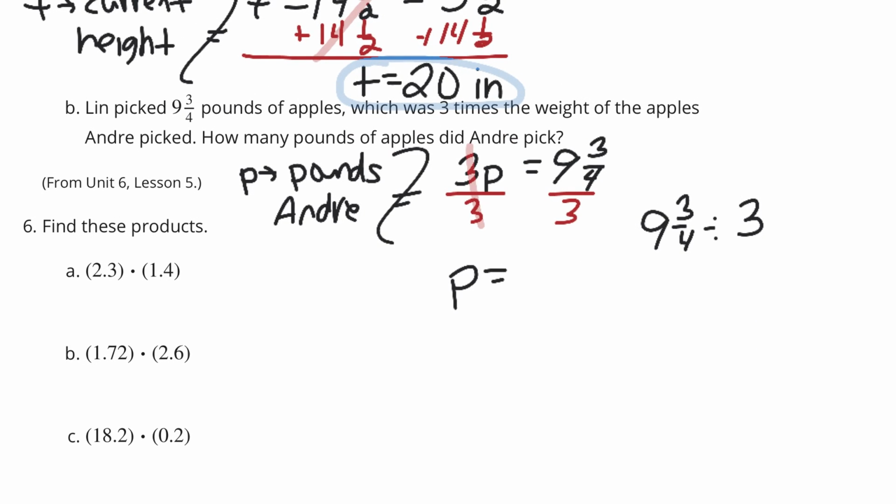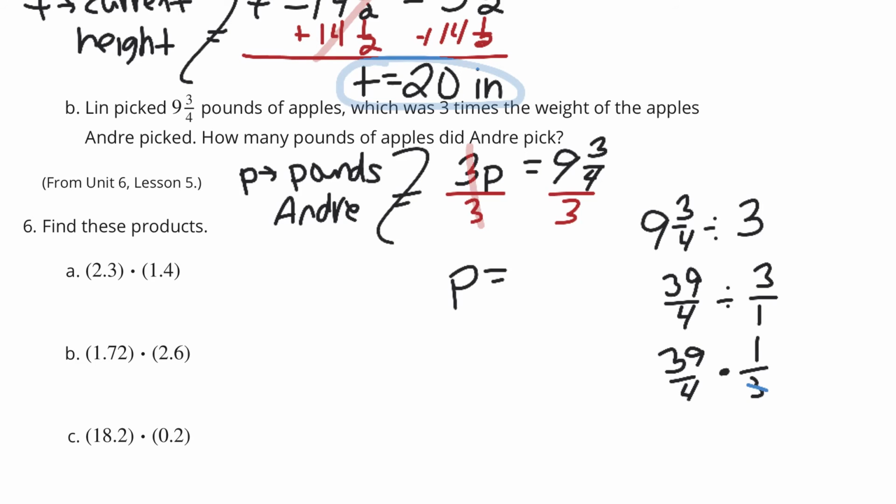And so we just take our time here. 9 times 4 is 36, plus 3 is 39/4, divided by our 3, which is the same thing as 3 over 1. Keep, and then multiply by the reciprocal, 1/3. And I know it doesn't seem like there's anything to cross simplify here.